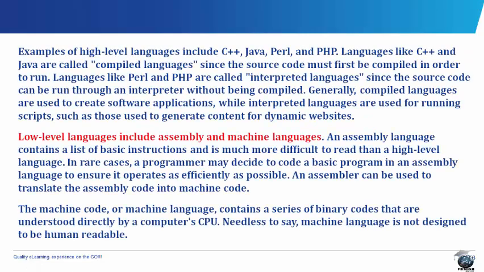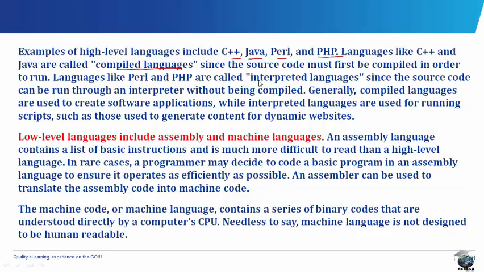Now, let us take examples of high-level languages. These include C++, Java, Perl, and PHP. Languages like C++ and Java are called compiled languages, since the source code must first be compiled in order to run.